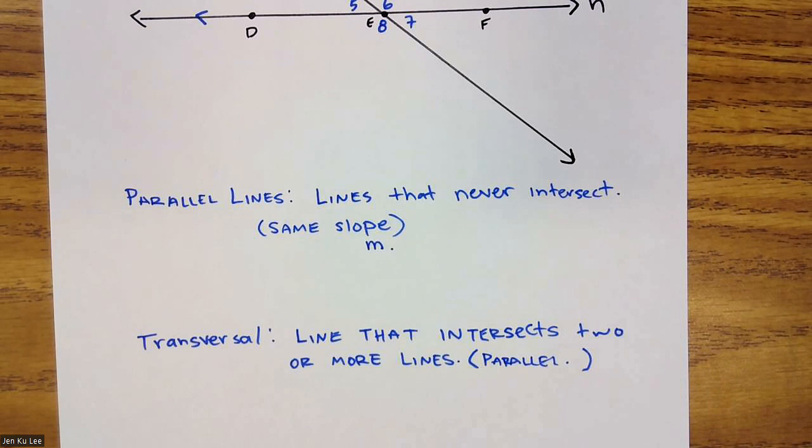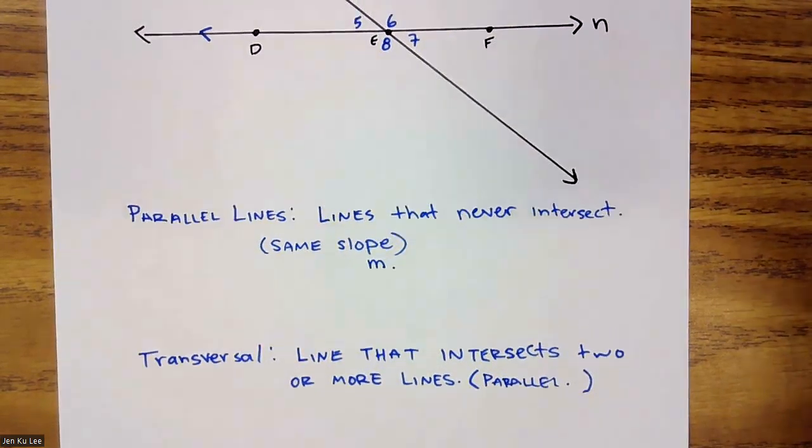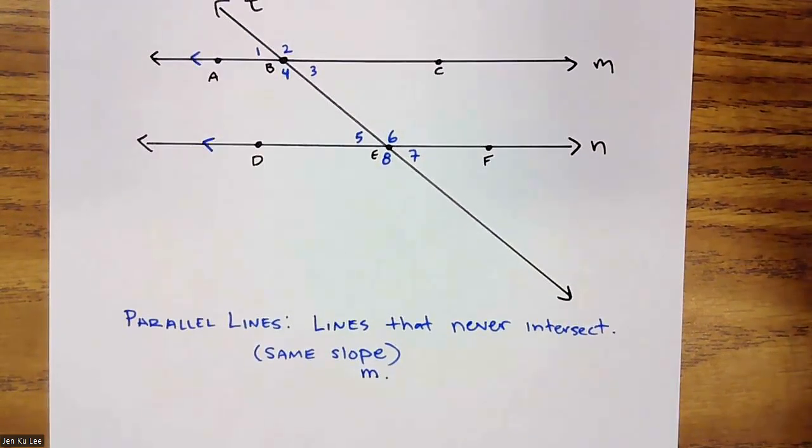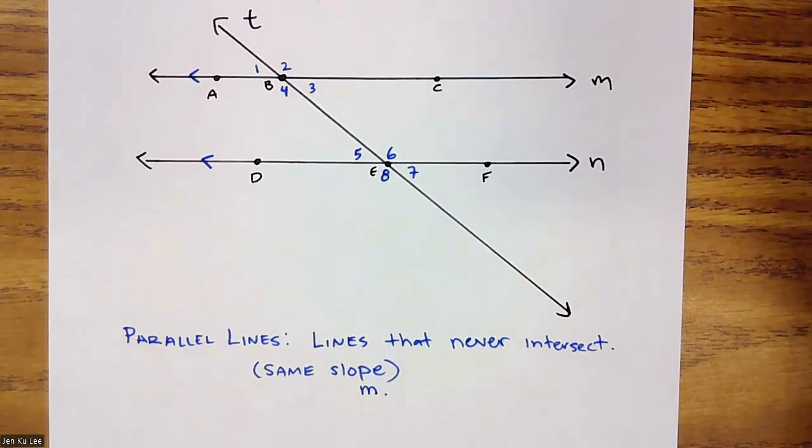So there's multiple ways of labeling a line. Okay, so if I go back to the picture up here, right?